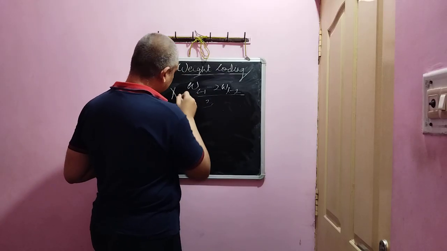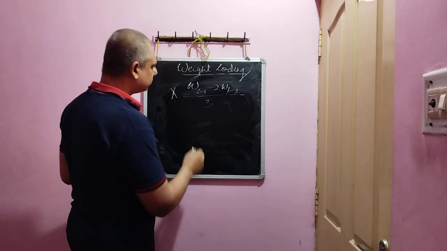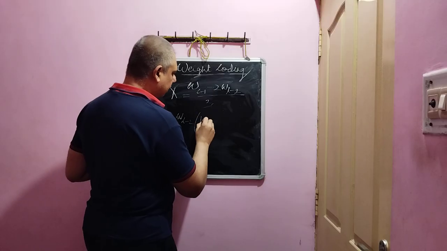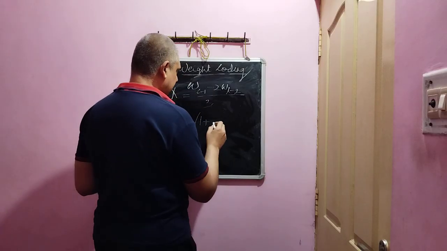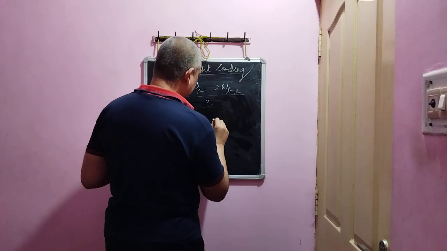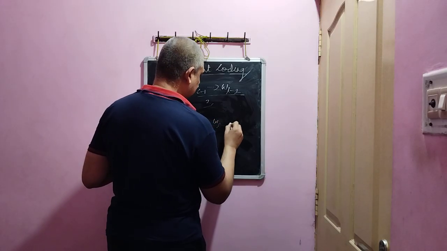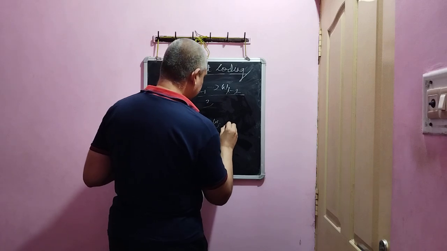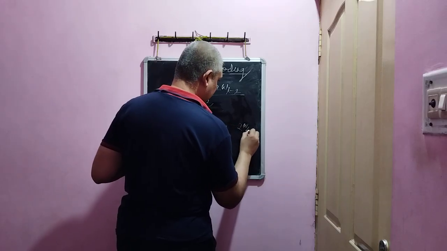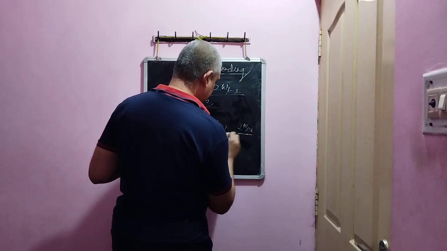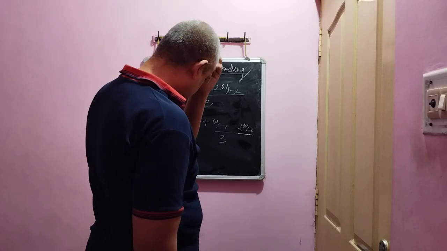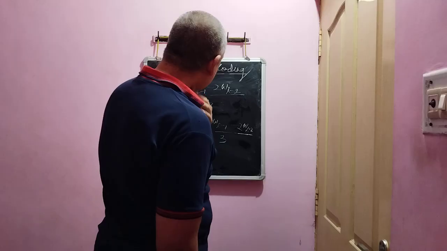So now the value of W(L minus 2) becomes W(L minus 2) plus (W(L minus 1) minus 2 times W(L minus 2)) by 3, like this.